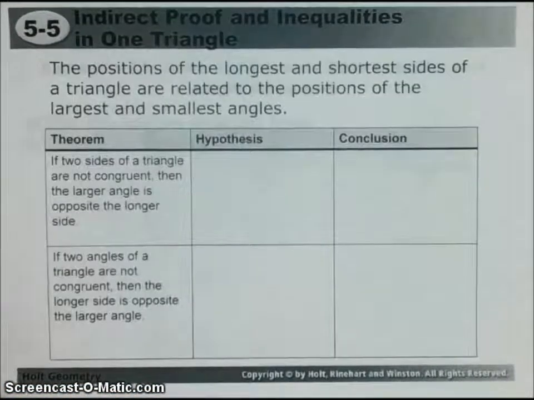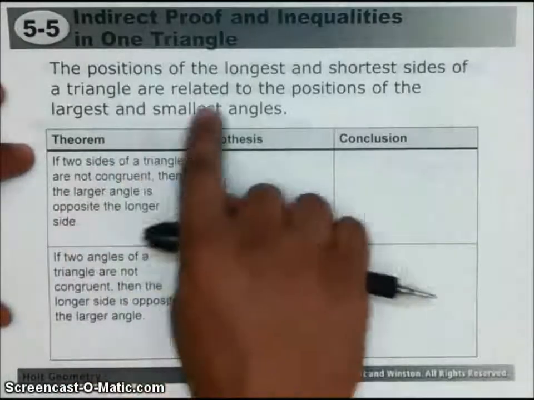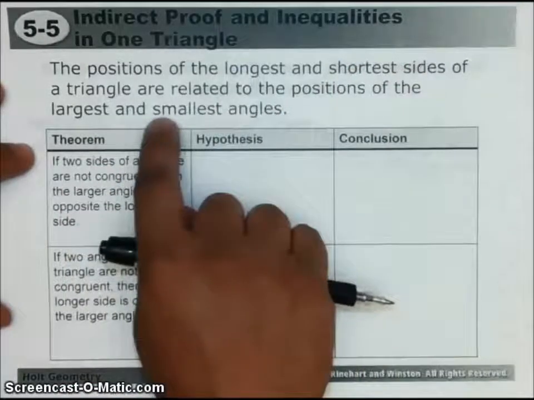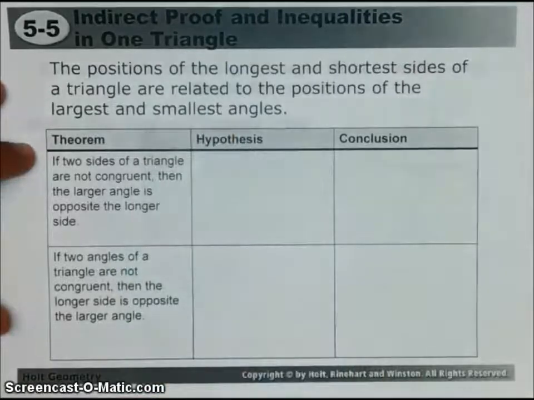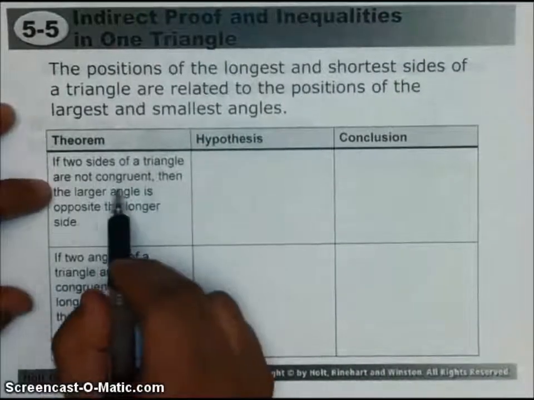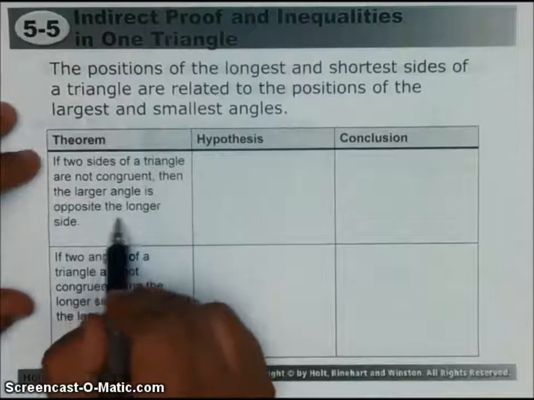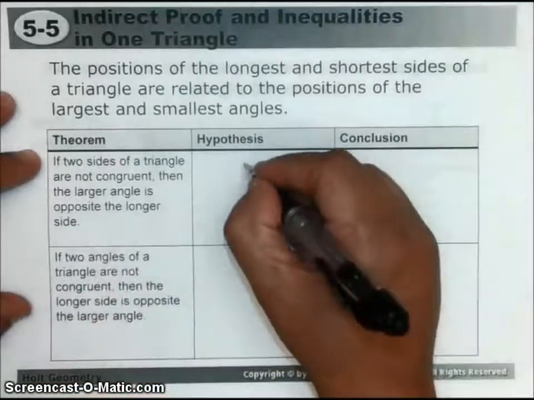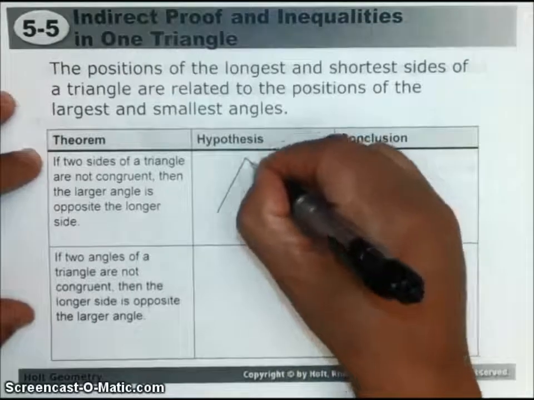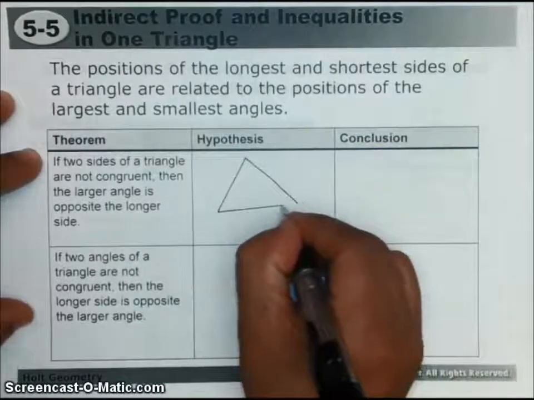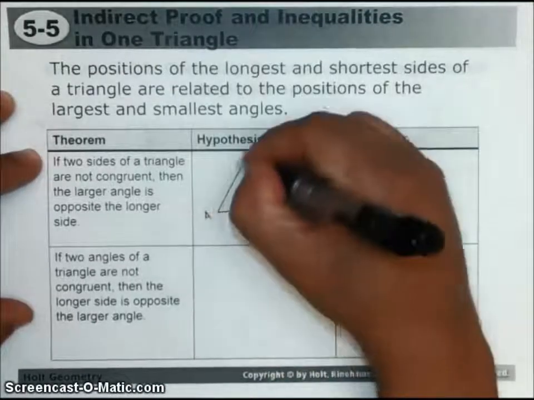Alright, moving on now to some theorems. The positions of the longest and shortest sides of a triangle are related to the positions of the largest and smallest angle. If two sides of a triangle are not congruent, then the larger angle is opposite the longer side. I'm going to draw a triangle, and we'll call it triangle ABC.